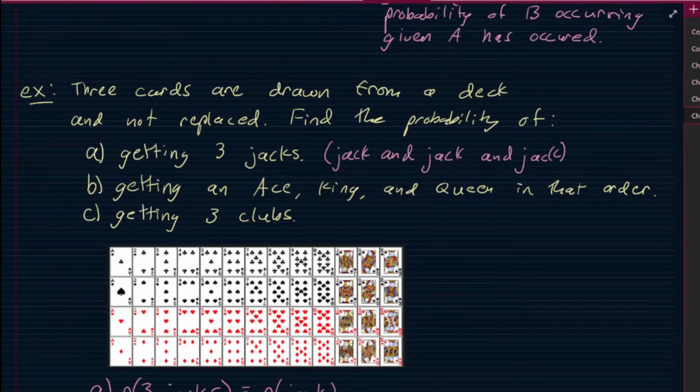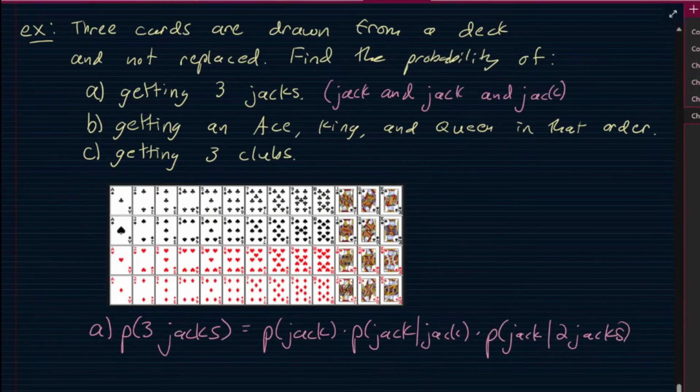So probability of jack given jack times probability of jack given we've already got 2 jacks. So I'm basically just using the formula here.